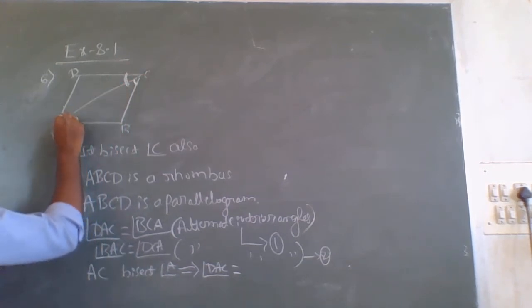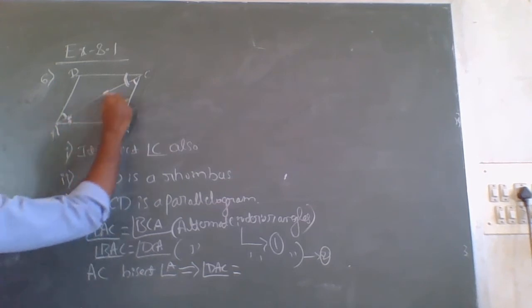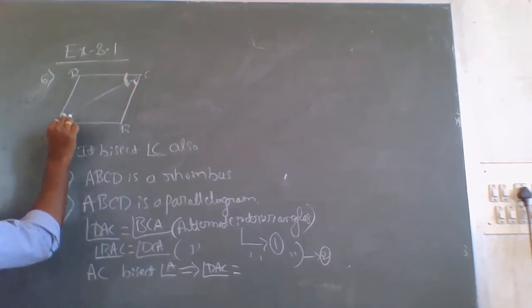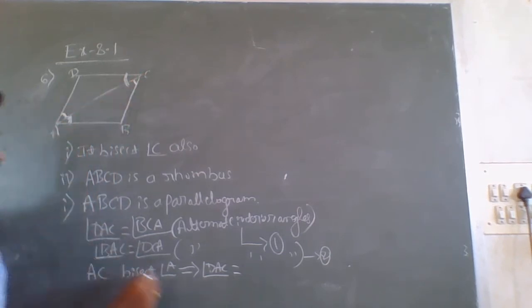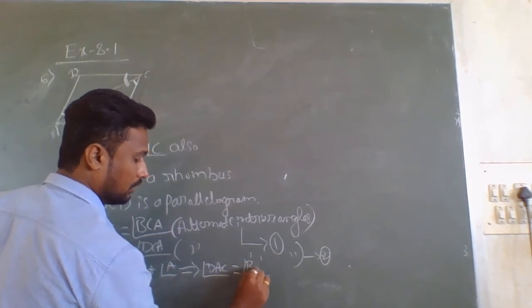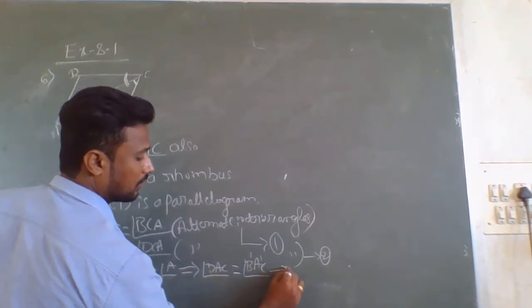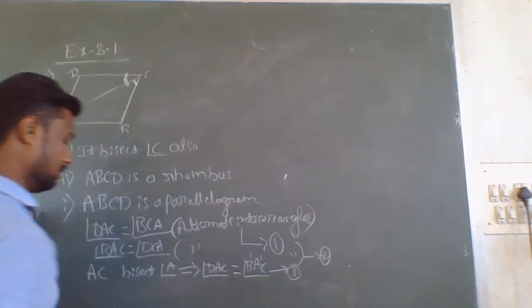These two angles are equal because AC is bisecting angle A. First I wrote angle DAC, this angle, and now angle BAC, this angle. I will consider this as third.